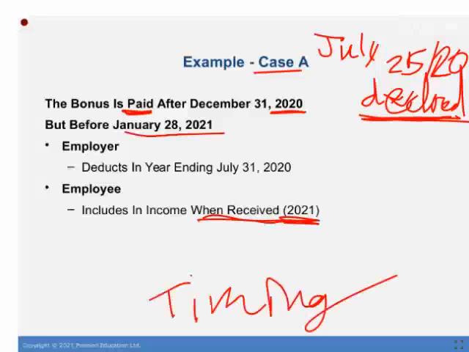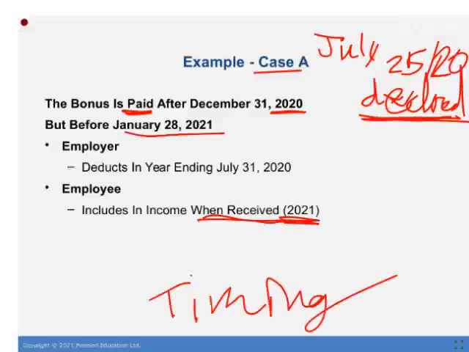If you surpass that 180-day limit, an other bonus is paid more than 180 days after the employer's business year end, but before 3 years after December 31st of the year in which the bonus was earned. If they pass the 180-day limit, then the employer can't deduct it until it's paid, and the employee still includes it when it's received.